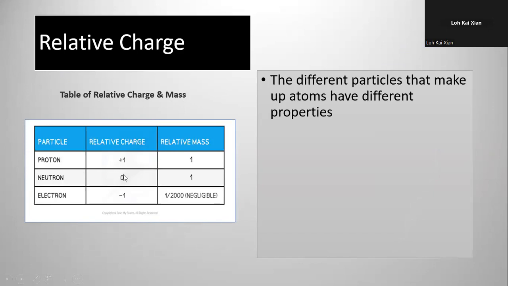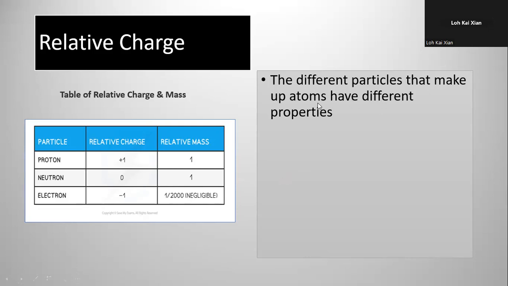Neutron has no charge, so it's 0. Electron is -1. Relative mass of proton is 1. Relative mass of neutron is also 1. And relative mass of electron is about 1,200 times smaller than the mass of a neutron or proton. So usually we call it negligible. Negligible means it's close to 0.